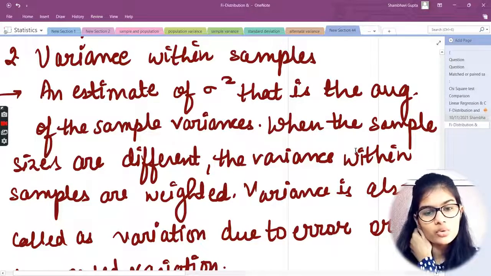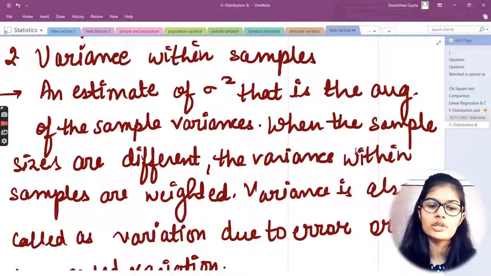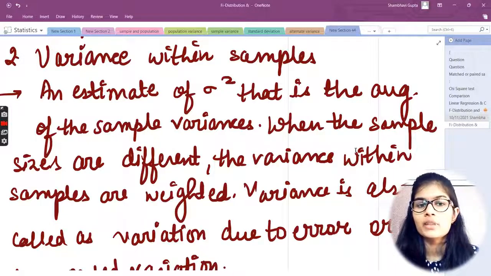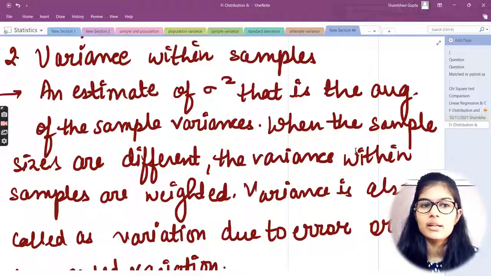So these were the two estimates used to find the F ratio: variance between samples, and second, variance within samples, right? I hope I am clear about how to calculate the F ratio, where two estimates of the variances are made.